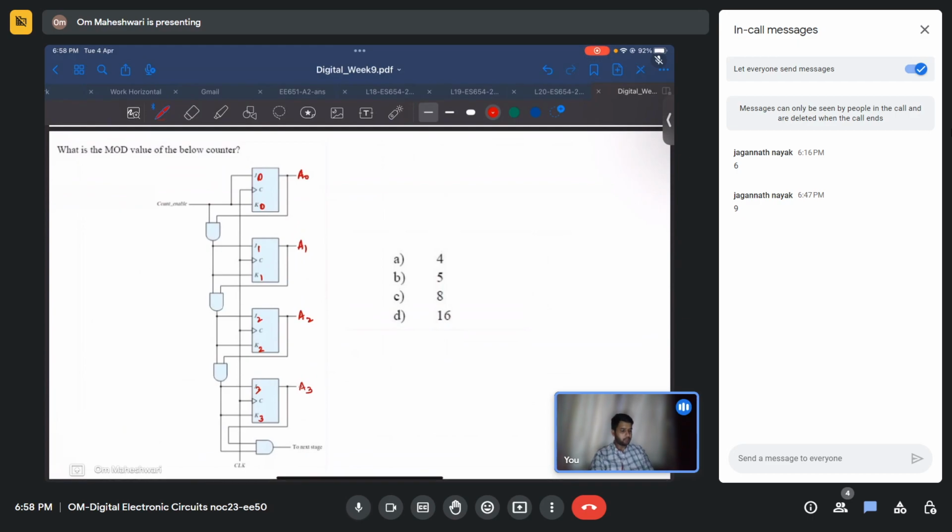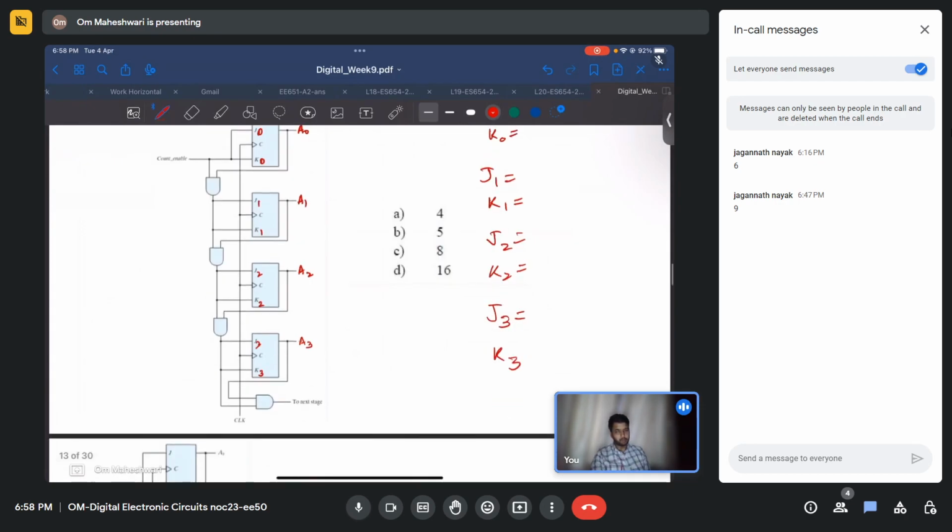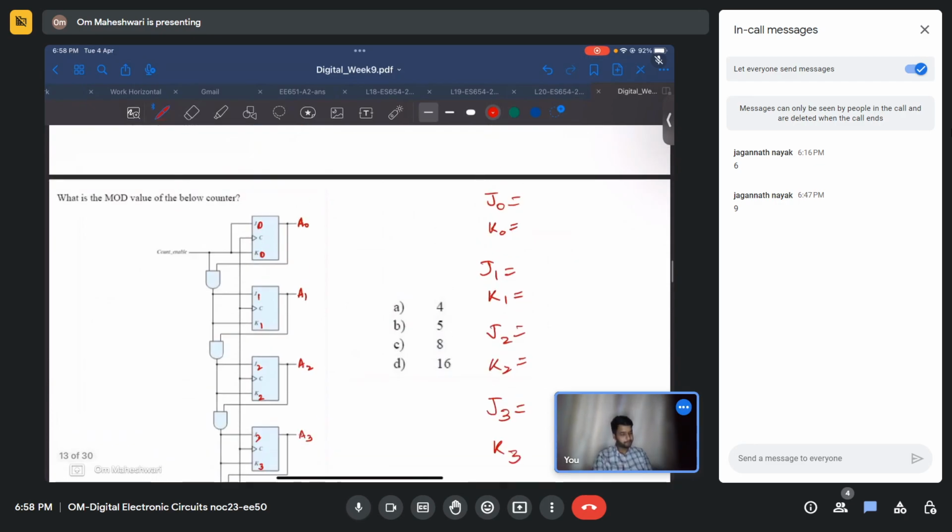So the first step is to find all these J0, K0, J1, K1, J2, K2, J3, K3. Then we will propagate the states as we did earlier.